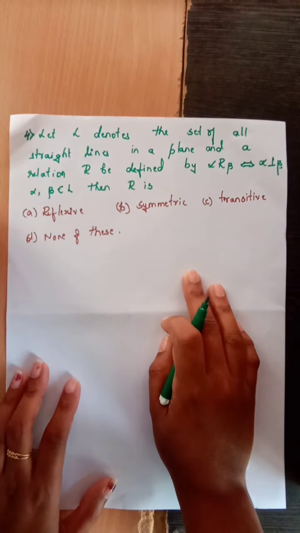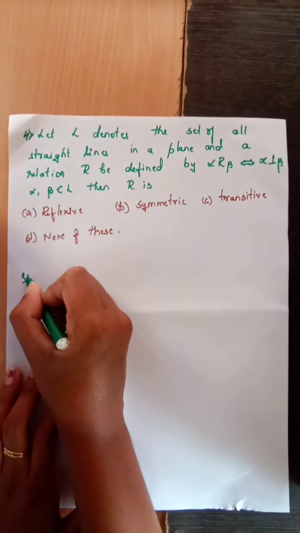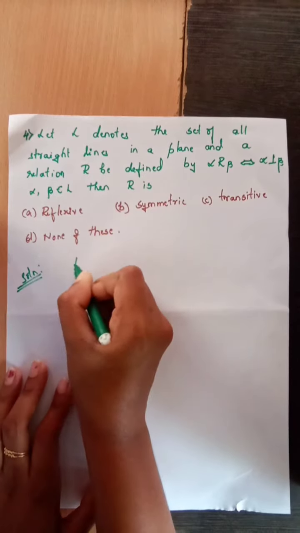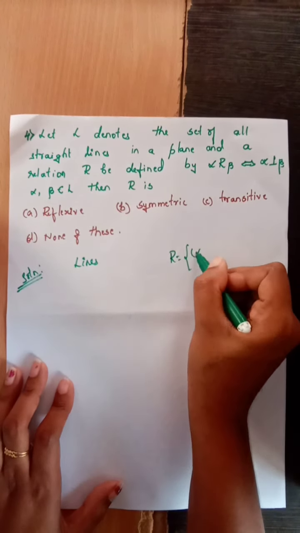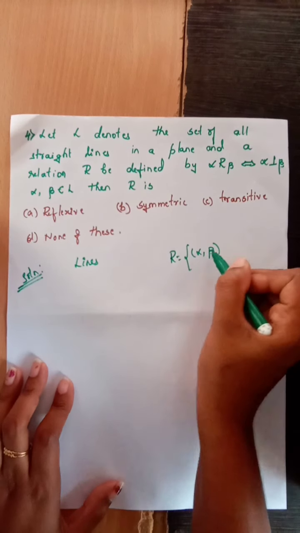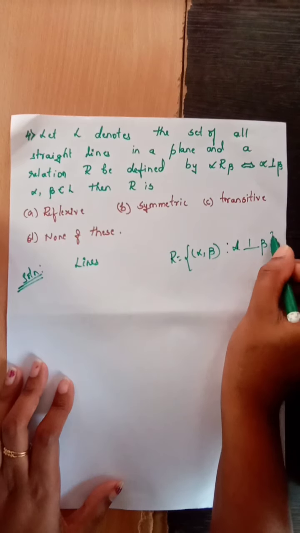So we have to check whether that relation is reflexive, symmetric, transitive, or none of these. We are taking the set of lines, and the relation is defined as alpha comma beta, so you have to take two lines. Alpha should be perpendicular to beta.